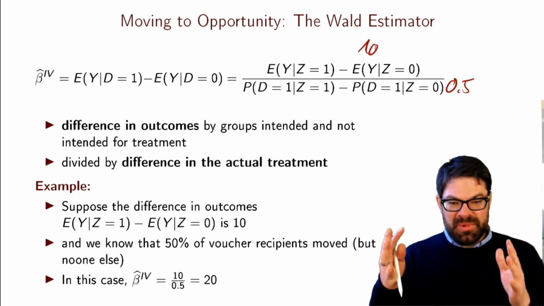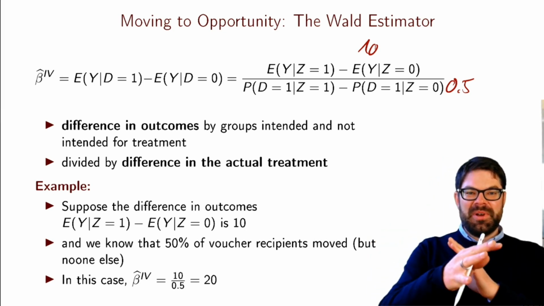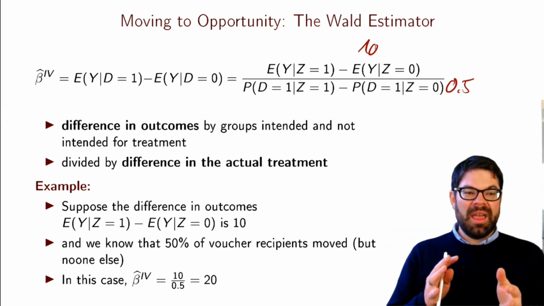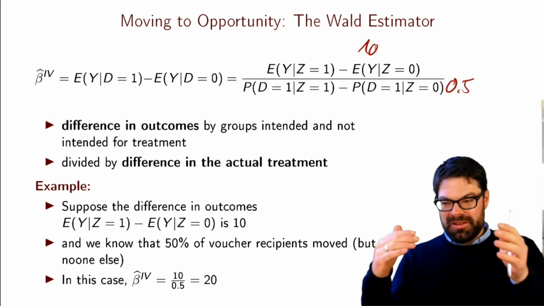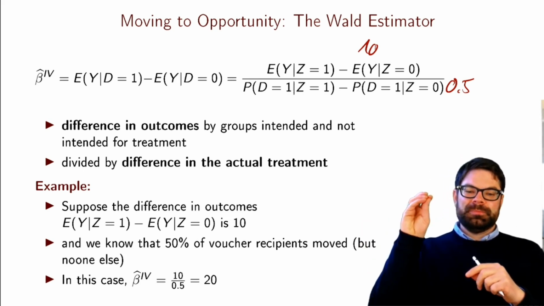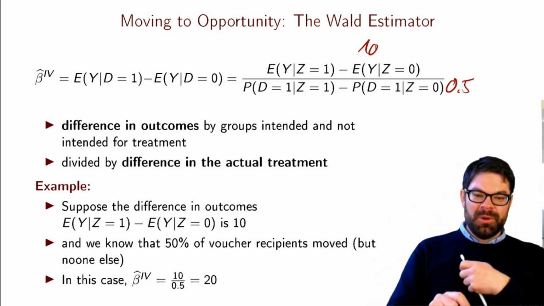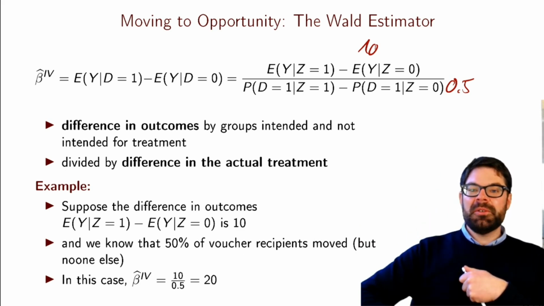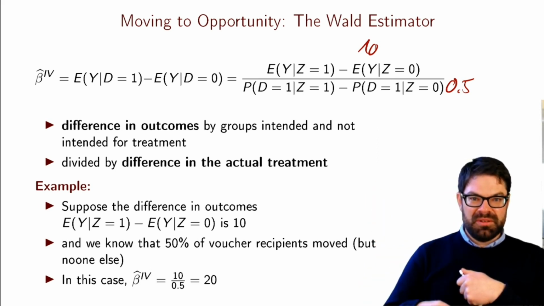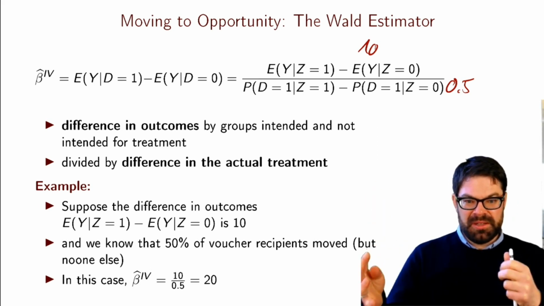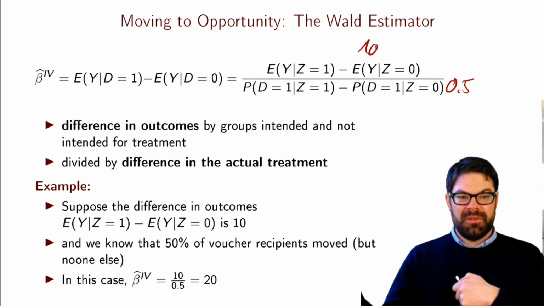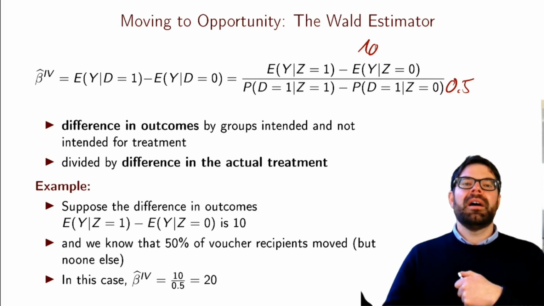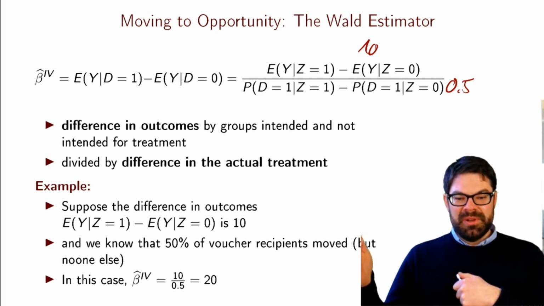Now, how should we think about this? We obviously went about it in a very roundabout way. Let's think about it the other way around. Suppose for everyone who did move, the effect is 20. So their outcome, I don't know, their health status improved by 20 points, whatever 20 points means here. Now, how can we split this up?